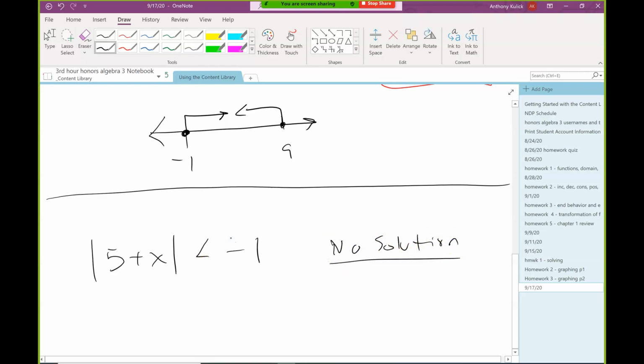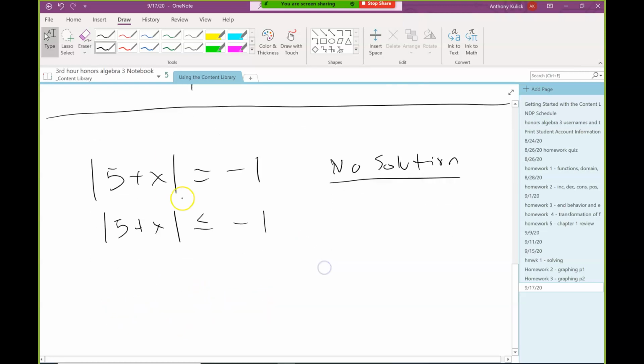Even if you have this, it's still going to be no solution. I'm worried that because it's an inequality and there's a set of numbers, it might be different. Again, this part can't be negative. If that has to be less than -1, that would mean the result would need to be negative. I would agree, you can say no solution there. There may have even been a couple in the homework where that happens. Now, if it's a greater than, no problem.